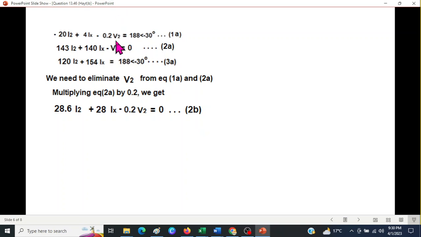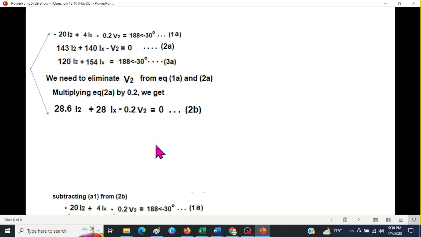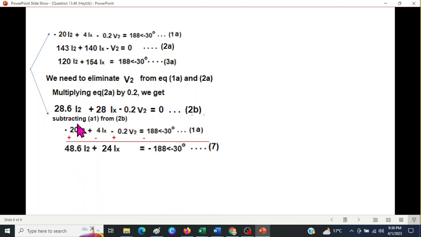Now we subtract this one from the second one. In subtraction, the signs change: negative becomes positive, positive becomes negative. Then we add these, so it will be 48.6, this one will be 24, and this one will be negative 188. Now this equation is purely in terms of I2 and Ix.